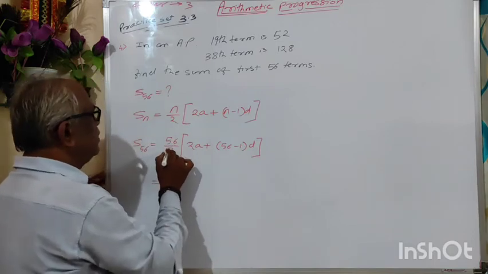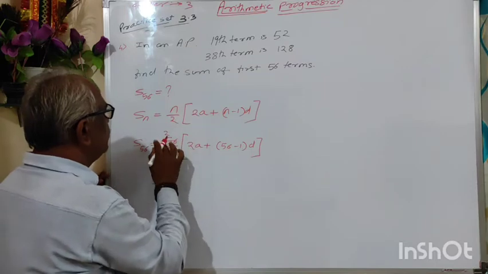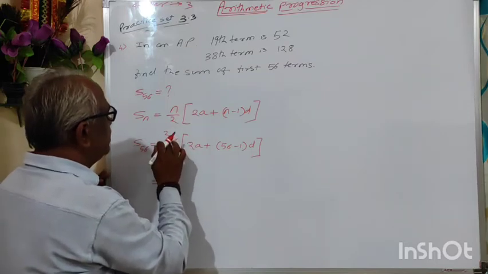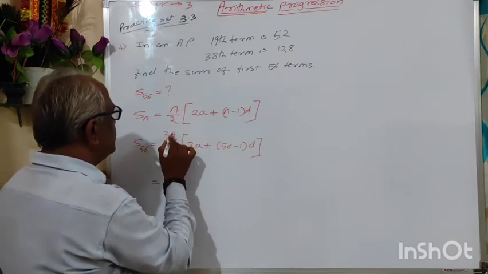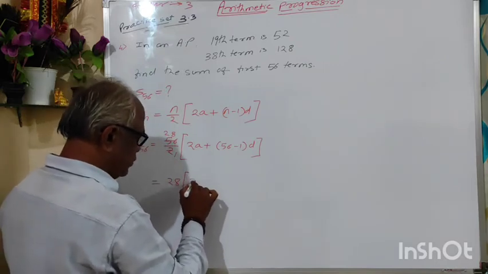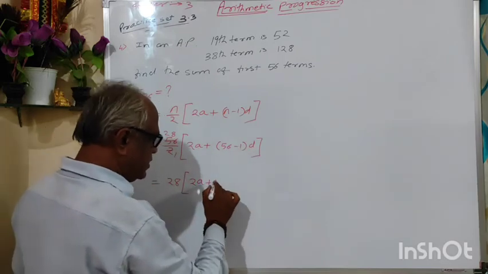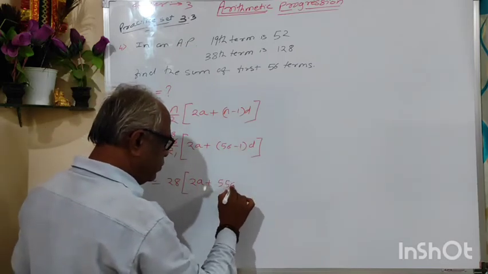which is equal to, you can do the cancellation here. 2 ones are 2, 2 twos are 4, 1 remained, 2 8s are 16, that is 28 in bracket 2a plus 56 minus 1, that is 55 into d.